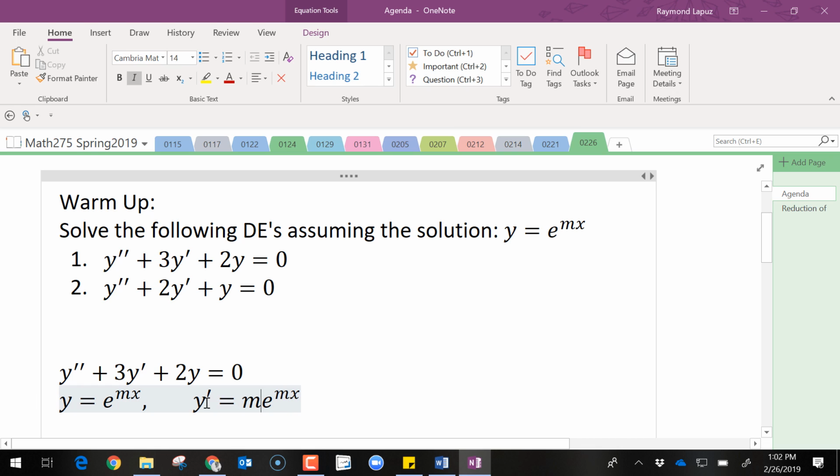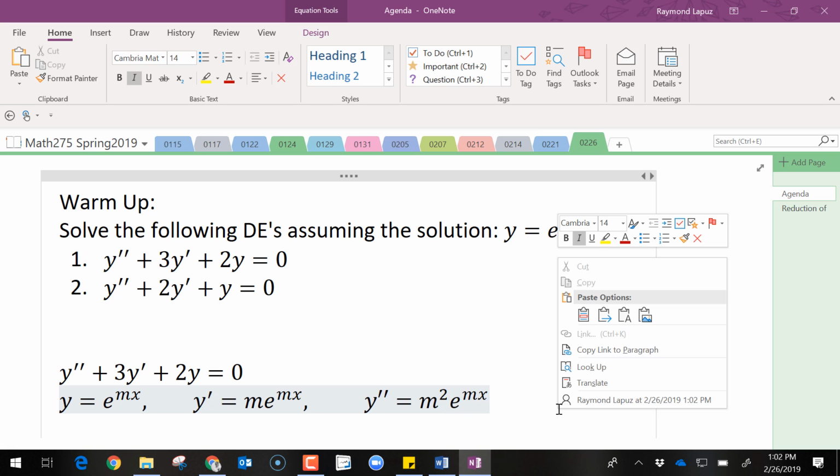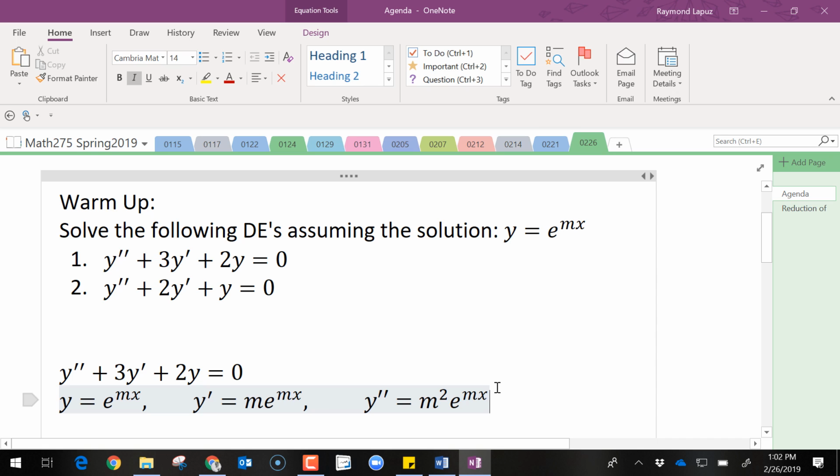M e to the mx. And what's the derivative of that? M squared e to the mx, right? So the idea is we want to put those expressions into the differential equation.